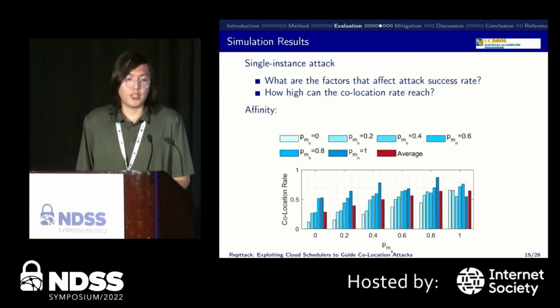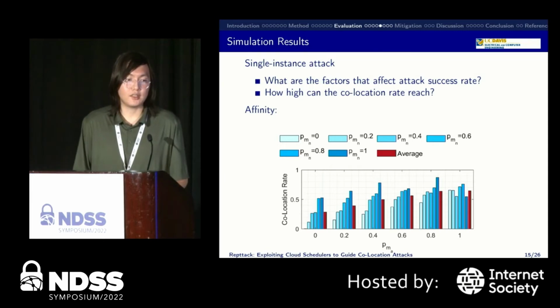However, when we change the affinity features that users in the system are allowed to use, the success rate varies a lot. In this figure, PMN and PMA refer to the probability of generating an affinity specification. We can see that as PMN and PMA increase, the collocation rate also increases accordingly.